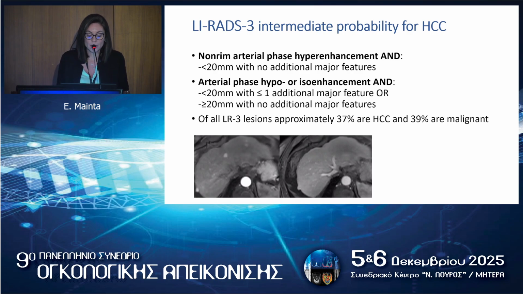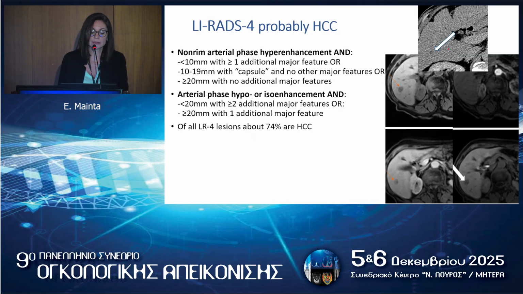In the example below, you can see that we have a lesion in the left hepatic lobe that enhances arterially, but there is no washout on the portal venous phase. Of all LR-3 lesions, approximately 37% are HCC and 39% are malignant.